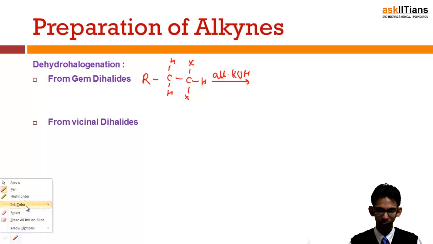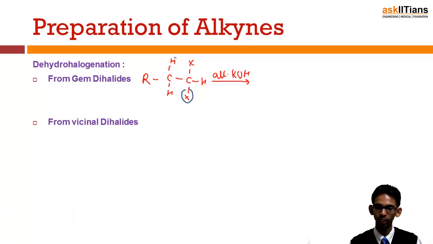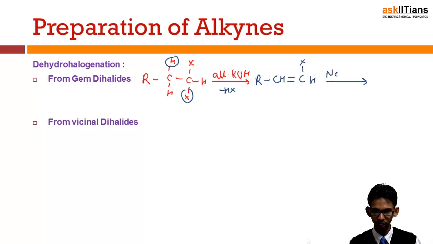In the first step, this halogen and this hydrogen come out in the form of hydrogen halide, and the resultant compound is RCH double bond C with one halogen and a hydrogen. In the next step, this is reacted with another strong base, stronger than even KOH, usually sodium NH2.